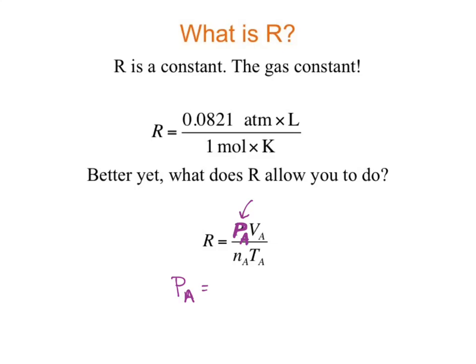If I want to solve for just the pressure, what we could do is use our algebra. Don't plug in any numbers, but use the algebra to get PA all by itself. What would it equal? PA equals R. It's a good place to start. What else?